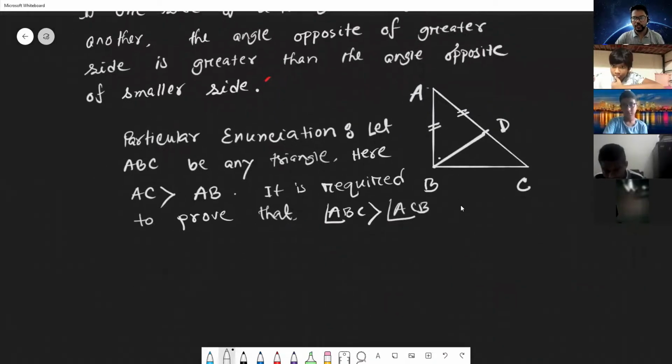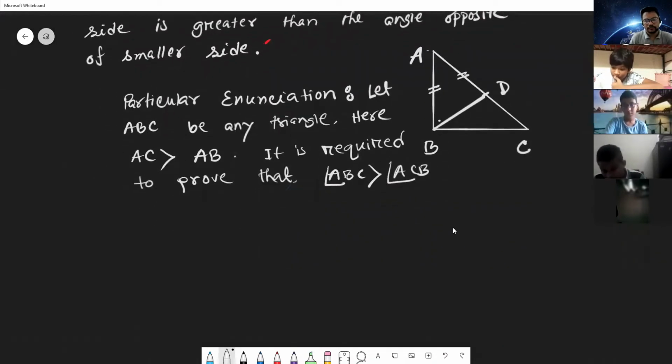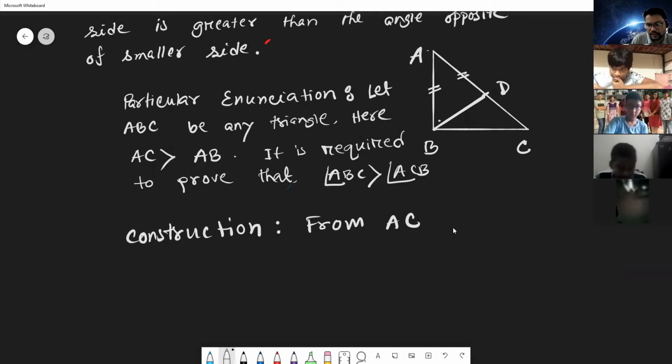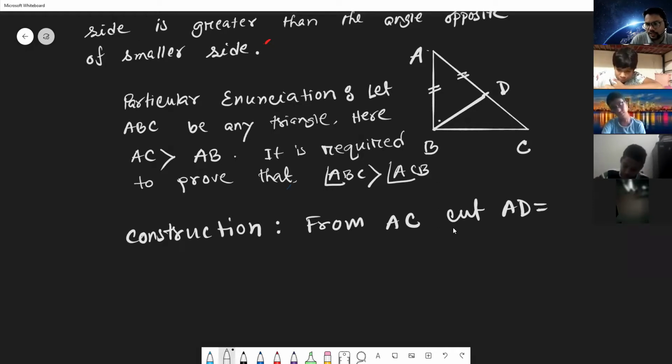So write here the construction: from AC cut AD equal to AB.